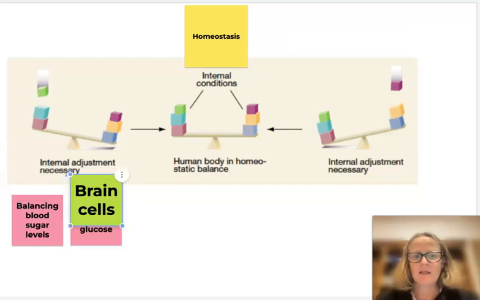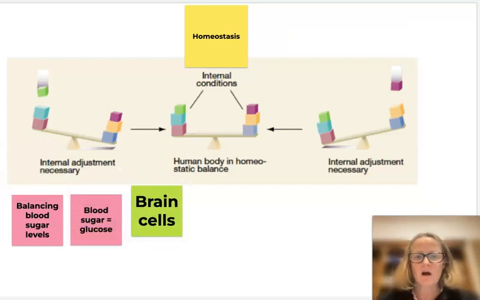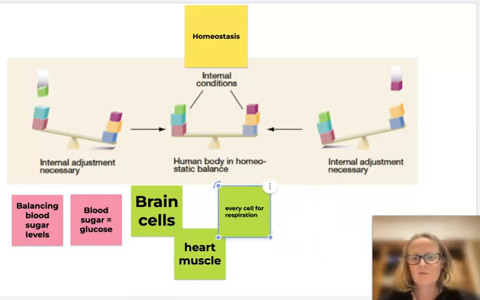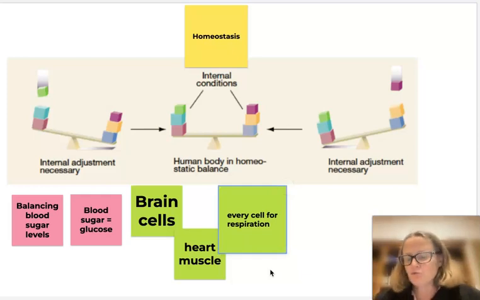In particular, our brain cells, our heart muscle, and in fact every single cell in the body needs glucose to do respiration to allow it to keep functioning. And we need to make sure that as we eat sugar, we don't end up with too much in our body. And it doesn't have to just be sugar that we eat. We could eat any carbohydrate that we then break down into sugar.